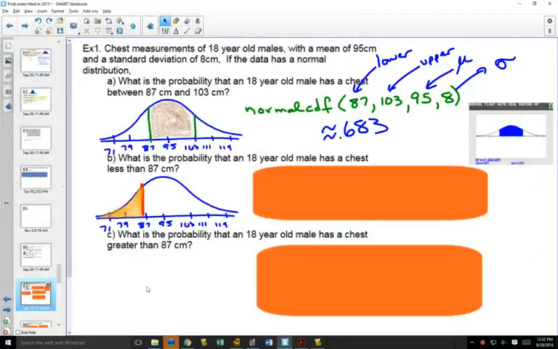The idea is that your normal distribution curve goes on forever. In theory, you could get someone with a chest size, because this goes on forever, of 2 kilometers. Now, what happens to the normal distribution is there's like an asymptote there that it gets so close to 0 that your probabilities are so tiny that they never happen.